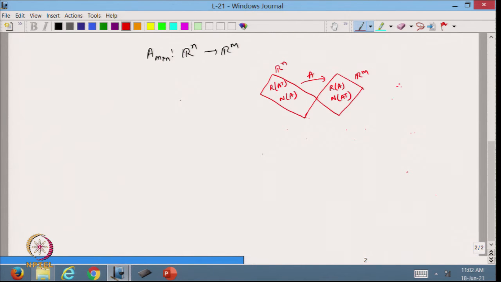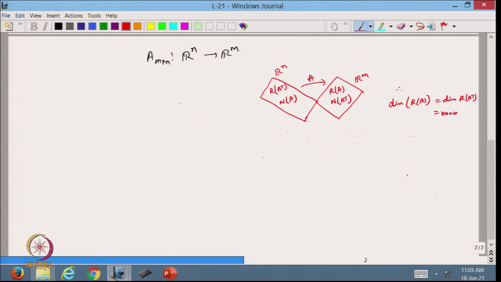We also know that the dimension of the range space of A is the same as the dimension of the range of A transpose, and that is equal to the rank.